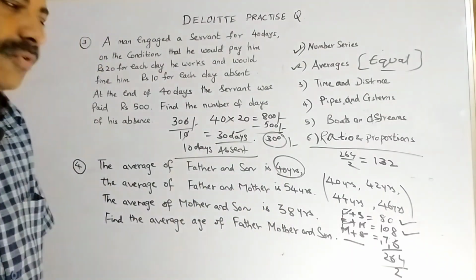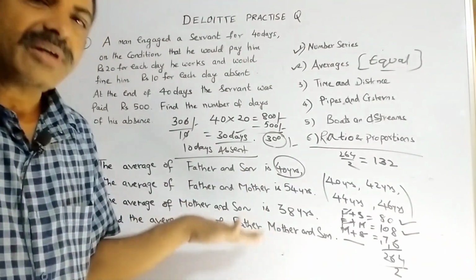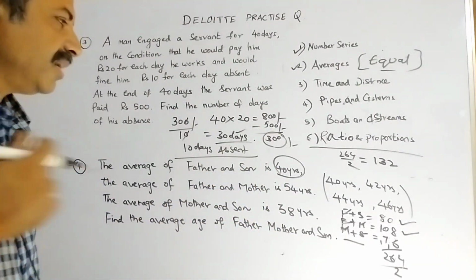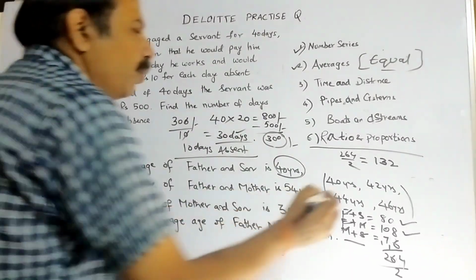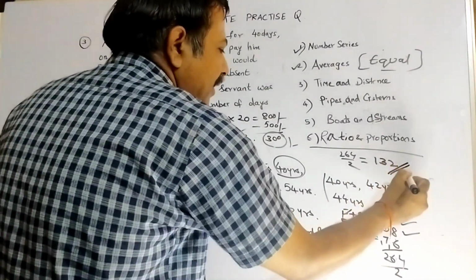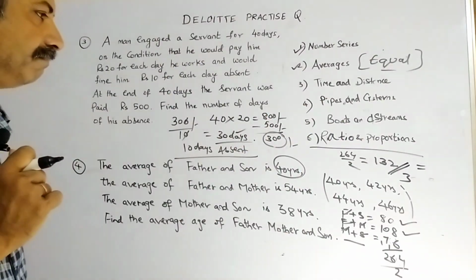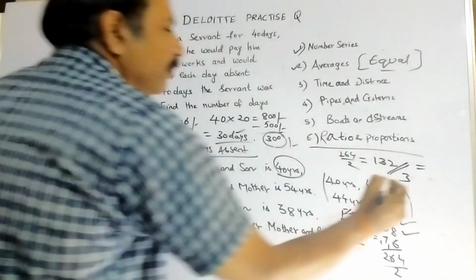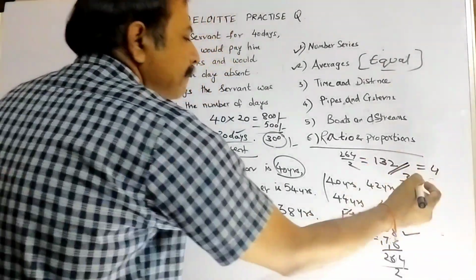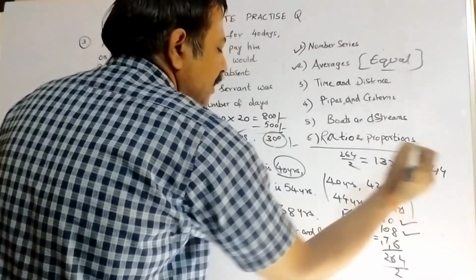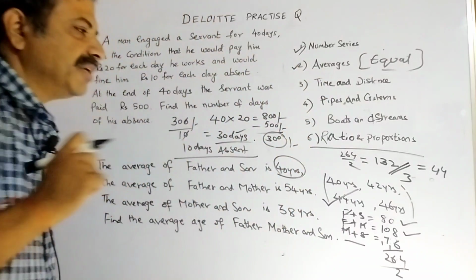Total it is 264. This is 2 times father, 2 times mother, 2 times son. So divided by 2 is equal to 132. Now 132 is for 3 persons, father, mother and son. So 132 divided by 3 is 44 years. Third option.